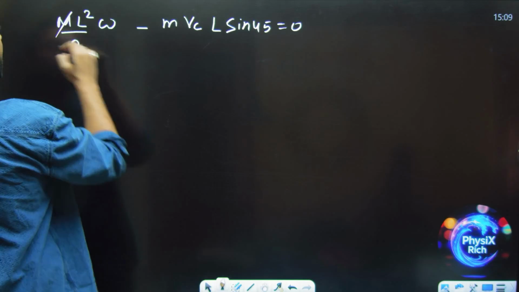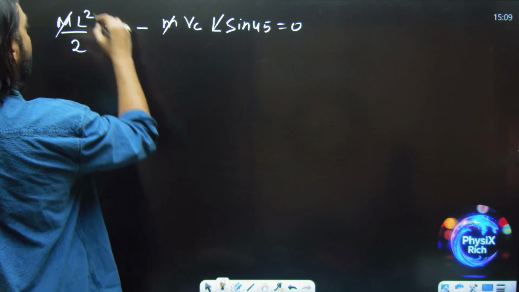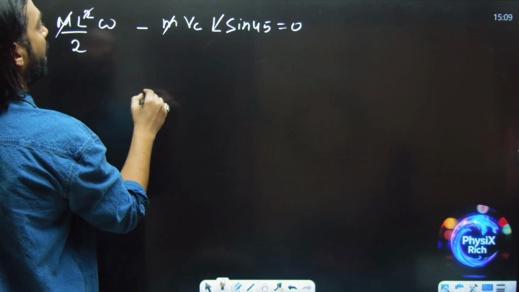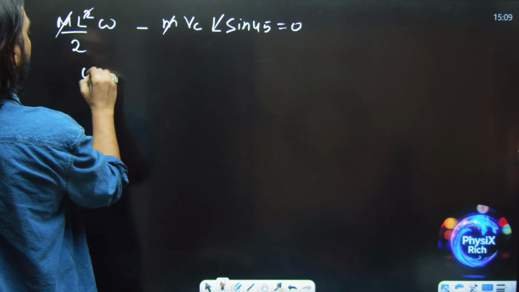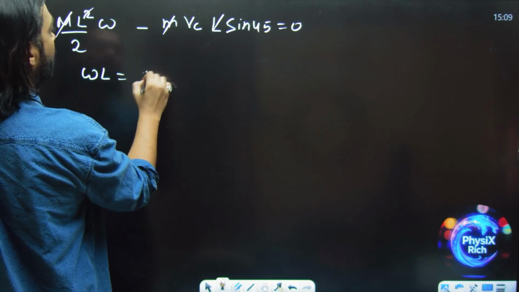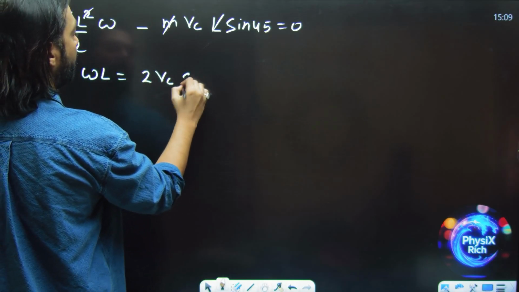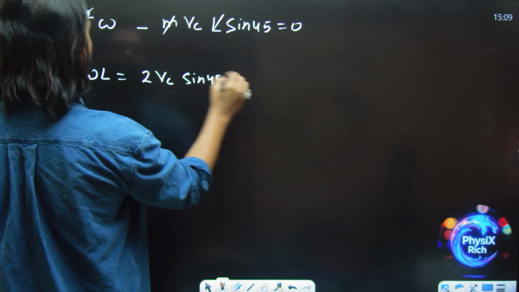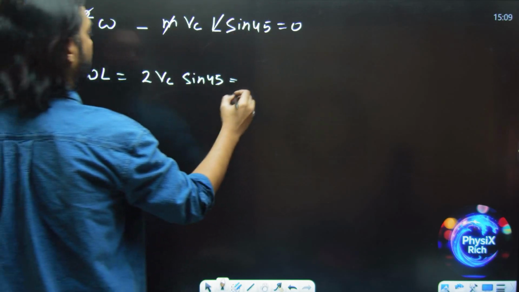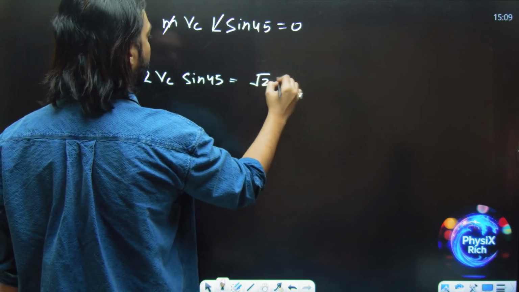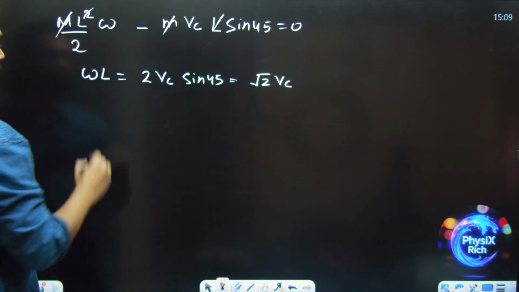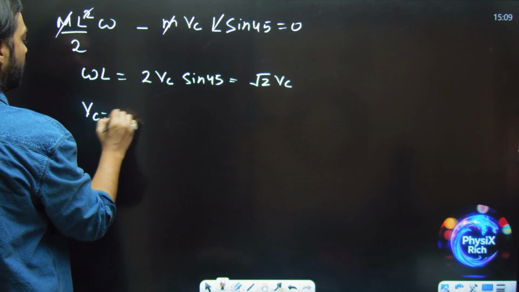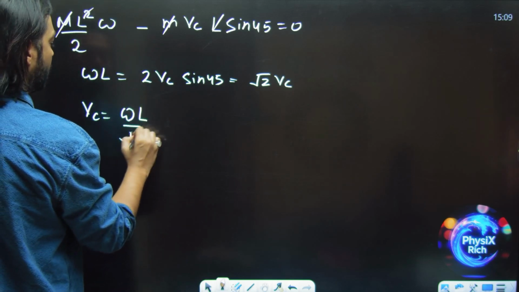You can see that I can cancel this m over here and I can cancel this L over here, and I get omega L equals 2 VC sine 45. The 2 will go there in the cross multiplication, and this becomes square root of 2 VC. Very important. Okay, so I get VC equals omega L upon square root of 2.